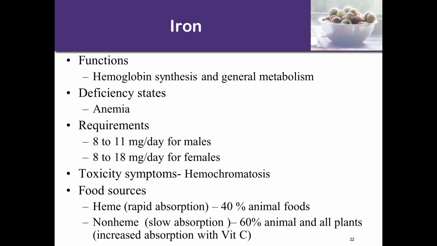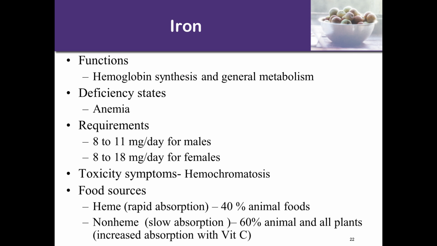Okay. So first, iron. Already you know what the major functions of iron are. Iron helps in the synthesis of hemoglobin and general metabolism. So iron is the major element in the synthesis of hemoglobin, that blood is made up of hemoglobin, and in oxygen carrying capacity.